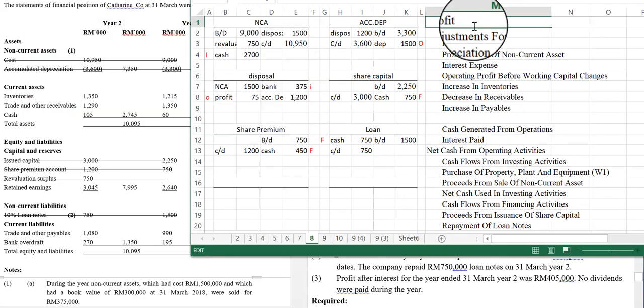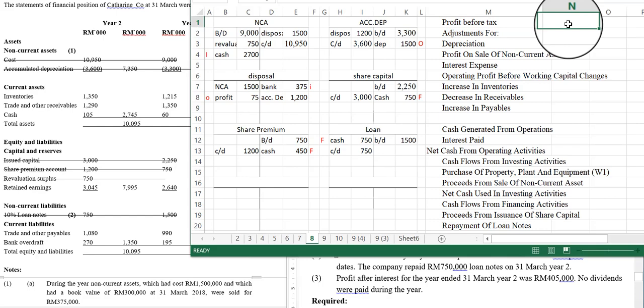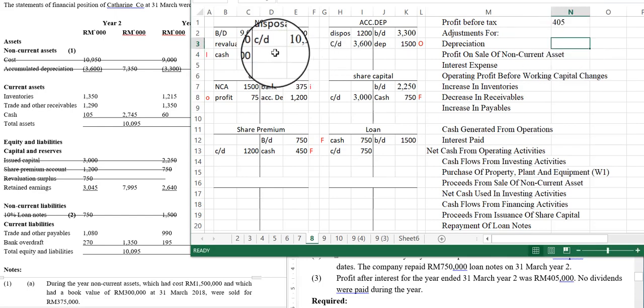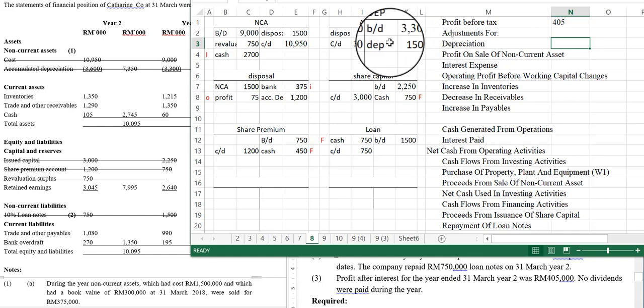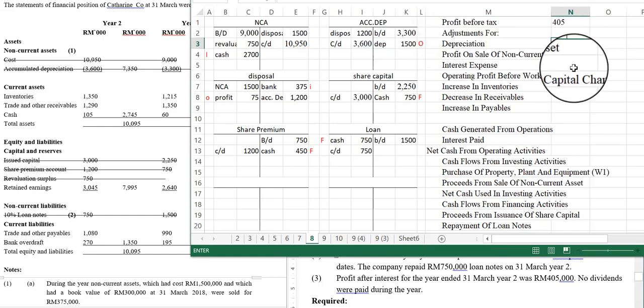So first we start from profit before tax. Now this one, profit before tax, was given in the question. They tell you profit before tax for the year was 405, so you start with 405. And then depreciation. Here you have your accumulated depreciation 1,005. So you have to add back 1,005, because previously you minus it.